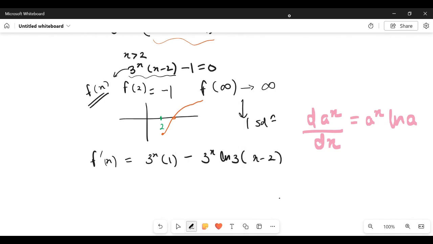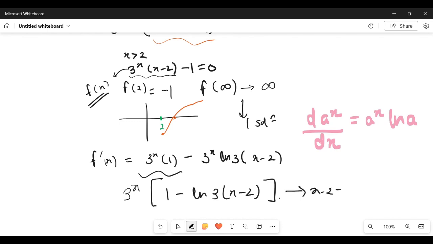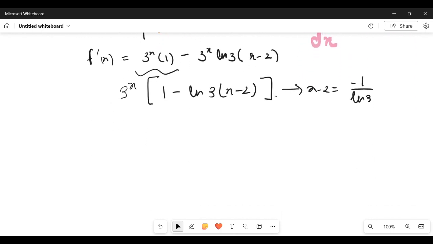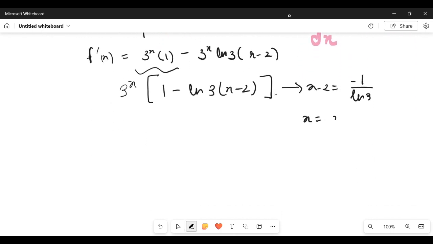Now for x greater than 2 we are talking about, can we solve this equation? If we take 3 to the power x common, we have 1 minus ln 3 times (x minus 2). That gives us x minus 2 is equal to minus 1 by ln 3, so x is equal to 2 minus 1 by ln 3.